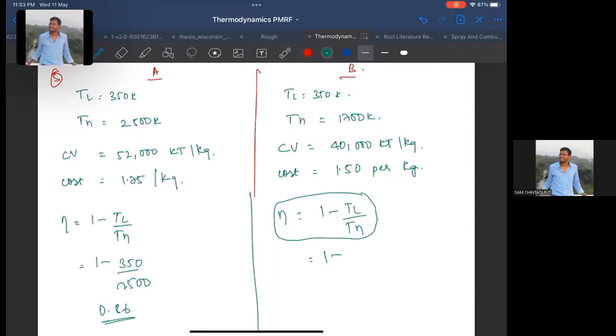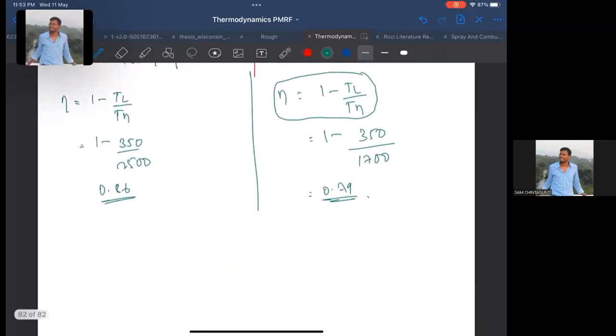Yes, writing the formula will take a few extra seconds, but I think it is always good to invest those seconds to make sure that you do not make any kind of silly mistake. For the second case, 350 by 1700. This is 0.79.